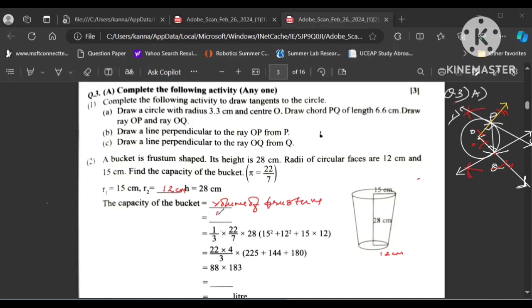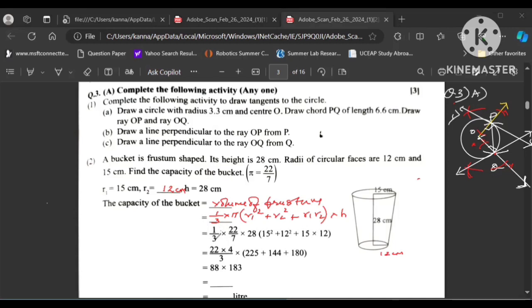This is nothing but 1 upon 3 into pi into (R1 square plus R2 square plus R1 R2) into H. Now 1 upon 3 pi is 22 upon 7. H is 28, and inside the bracket R1 is 15 square, R2 is 12 square plus R1 R2 means 15 into 12.